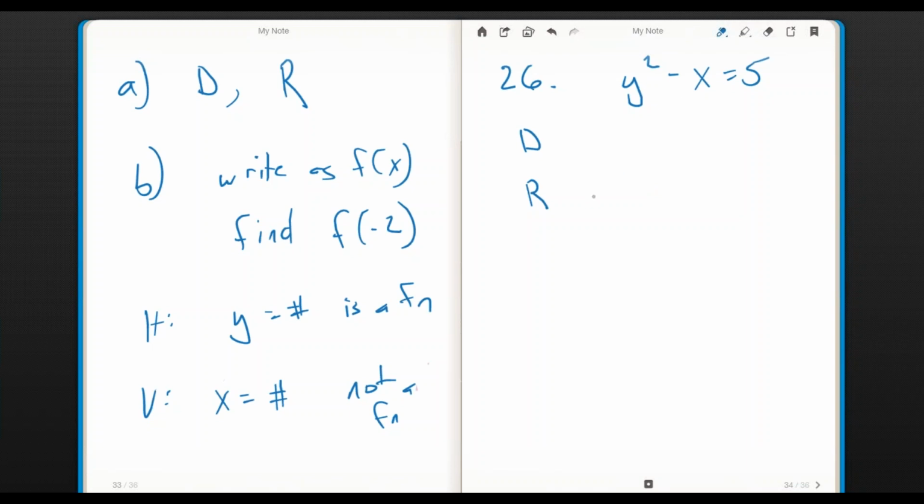I can put anything in there and square it, and that's fine. But here's the problem with this one. If I solve for y squared equals x plus 5, what I know is that because I squared it, that's where you get into things you have to consider. When you square it, the smallest this could be is 0.